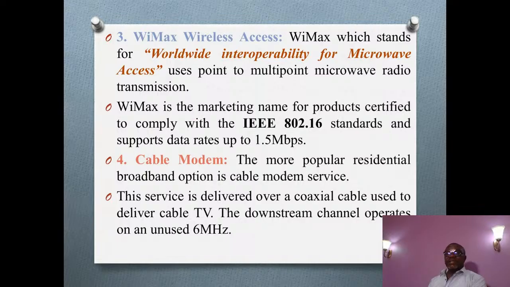So the next one is known as the WiMAX wireless access. And this WiMAX means worldwide interoperability for microwave access. And it uses point to multipoint microwave radio transmission for its operation.